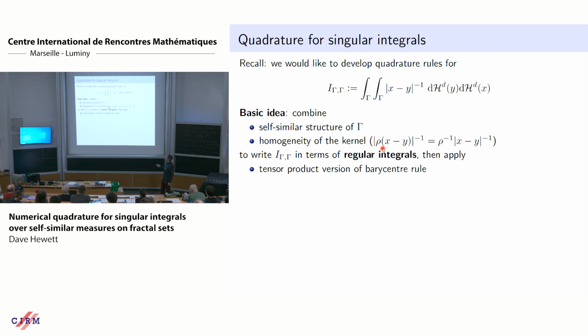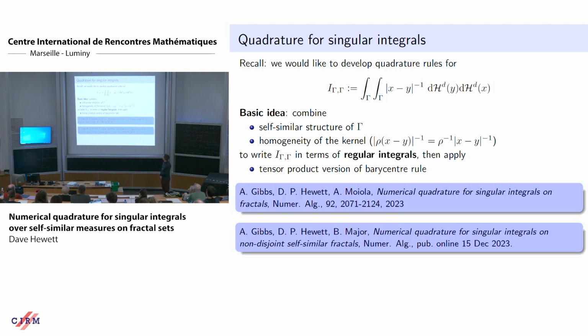In particular, if I scale both x and y by the same number rho, then this kernel scales by 1 over rho, so I can take it outside the integral. And this is going to allow us, as I was suggesting rather cryptically over here, to write singular integrals in terms of regular integrals by exploiting this.